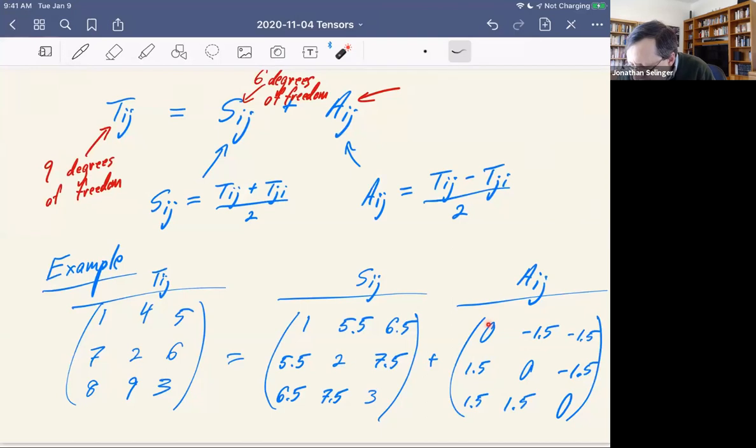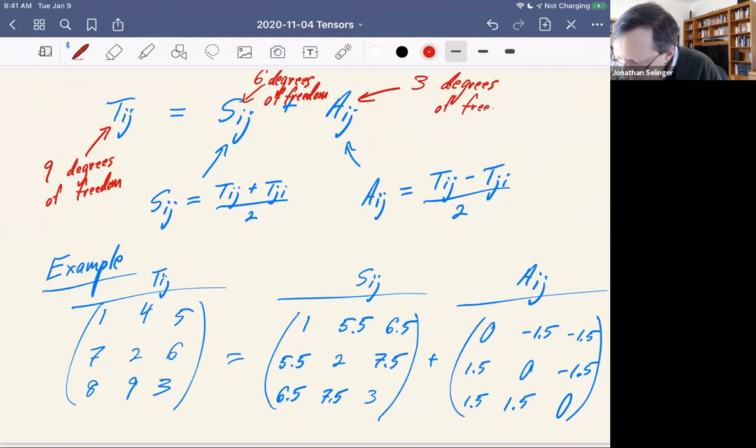These guys have to be 0. These guys are locked into those guys. So this has 3 degrees of freedom. And of course, 6 plus 3 equals 9, right? So we've accounted for everything.